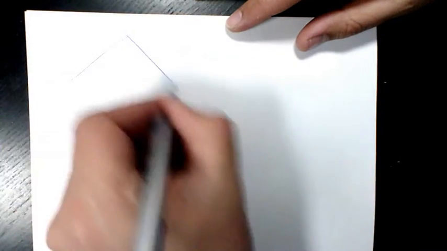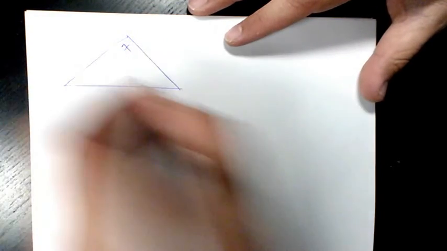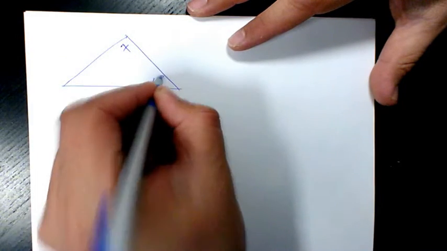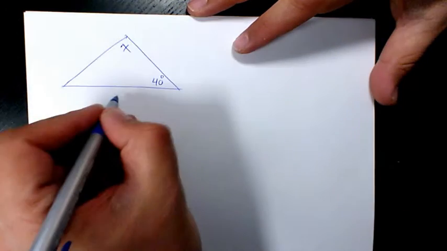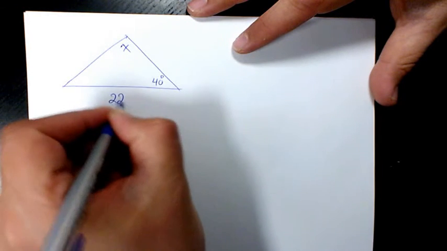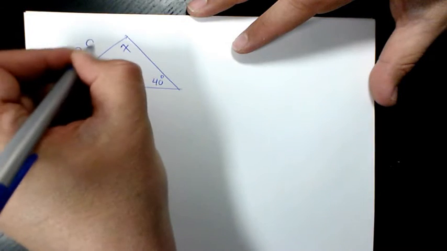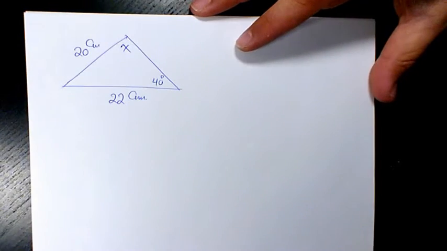The first example: here we have angle X, which we need to find, 40 degrees on this side, 22 centimeters here, and 20 centimeters here.